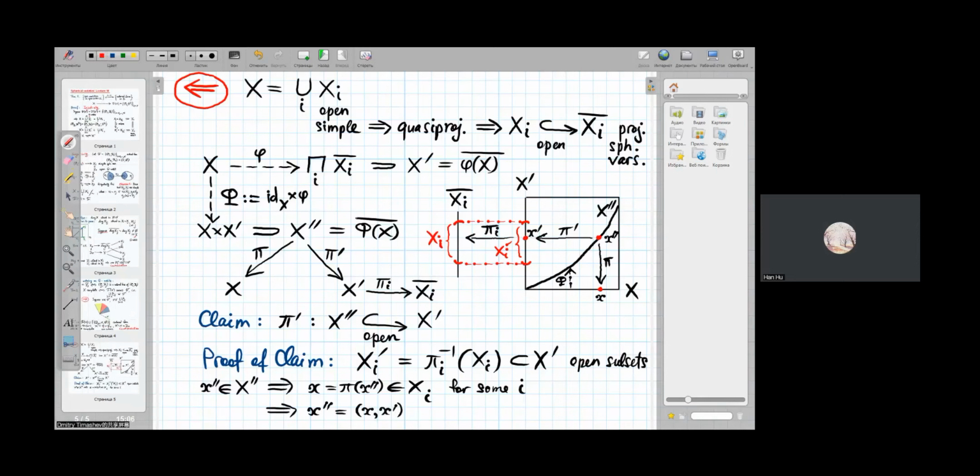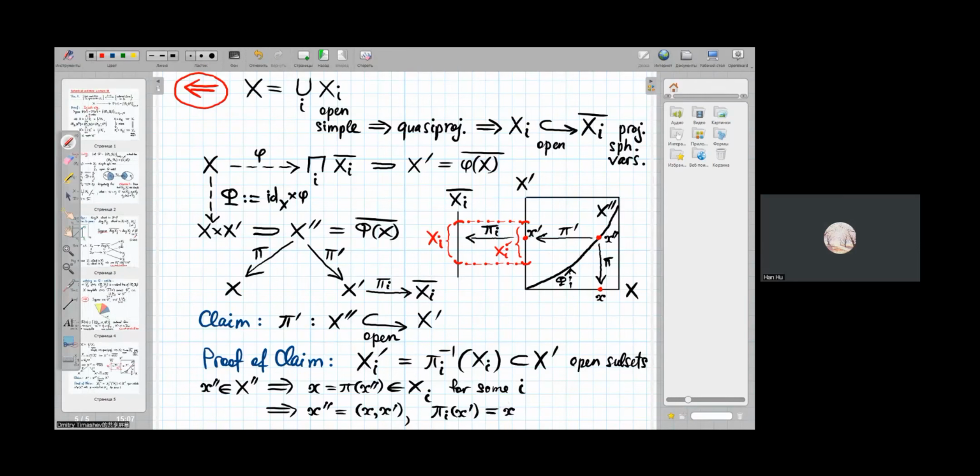Where this point x prime has a property that its projection pi i of x prime equals x.